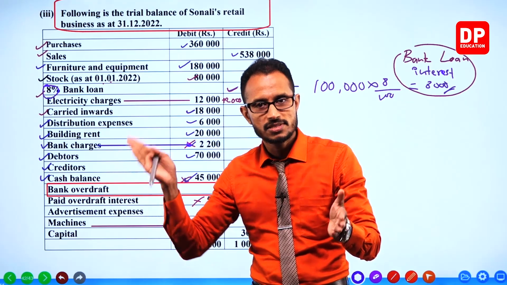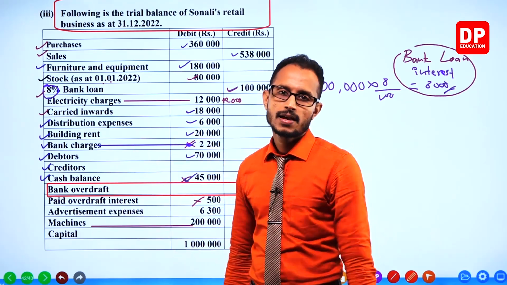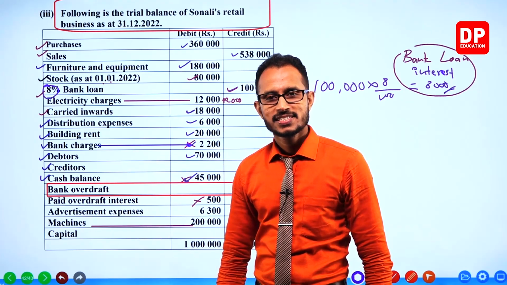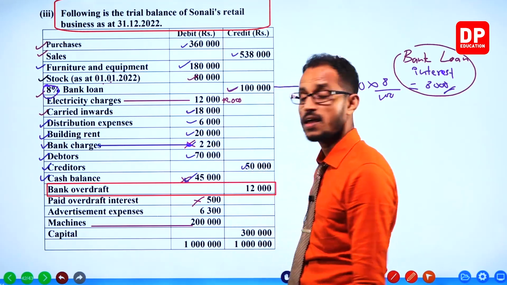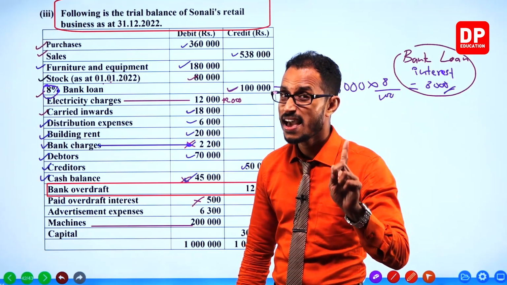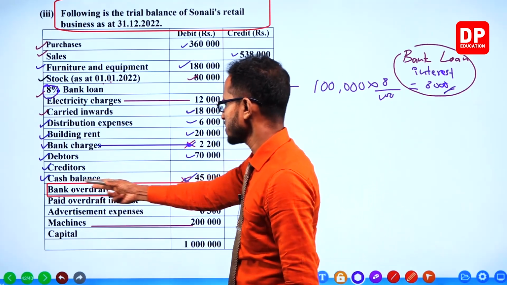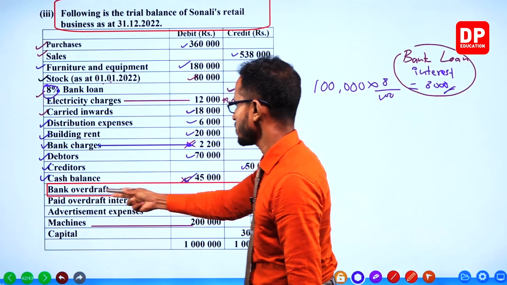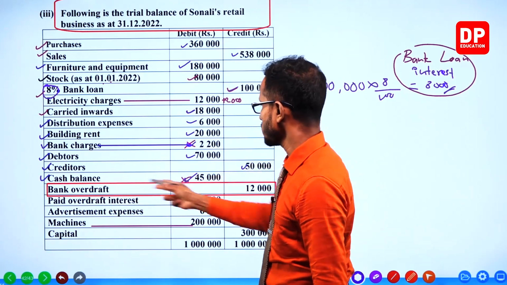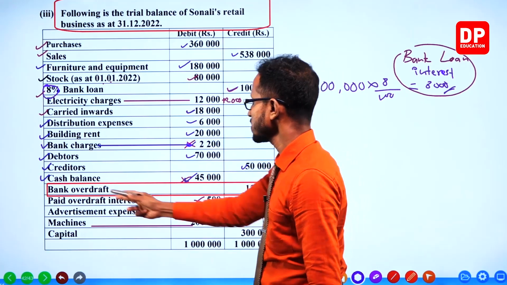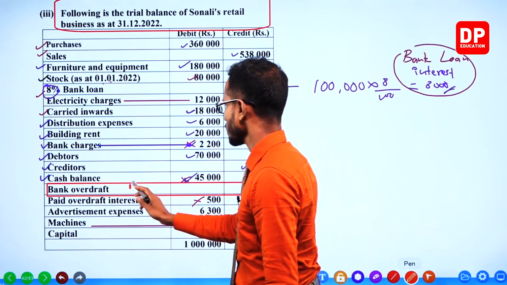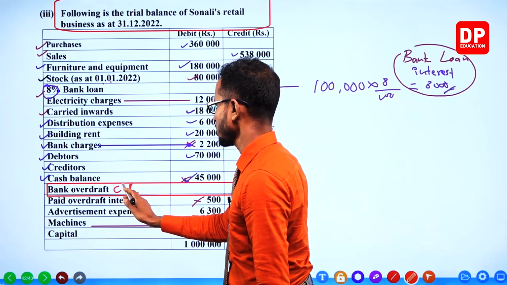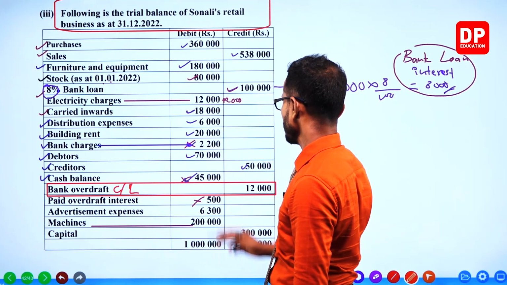The bank balance has gone to 0 and minus. It is an overdraft, which means it's a liability. Cash balance is an asset, but overdraft is a liability. So cash balance you put to current assets, overdraft you put to current liability. Okay, 45 and 12.